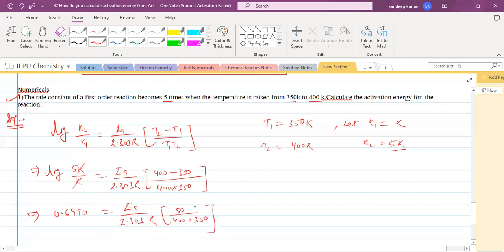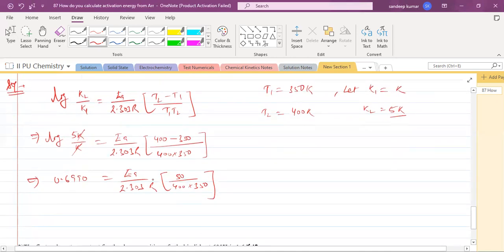Once you solve this, 5 ones are 5, 8s, and 0 cancels. So for the activation energy, cross multiply: 0.6990 into 2.303 into R. R is the gas constant, the value of R is 8.314, into 8 into 350, is equal to EA.